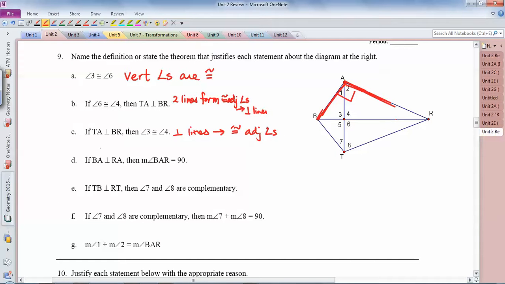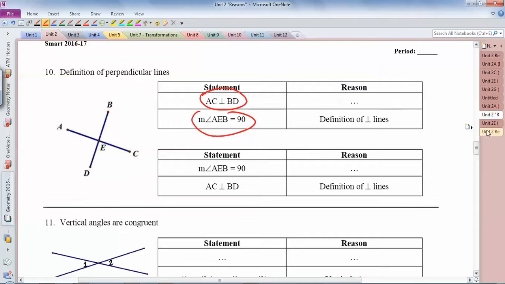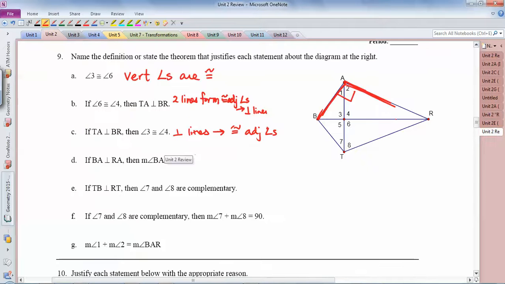Right? That's what this says. Well, that's the definition of perpendicular lines. Definition of perpendicular lines.